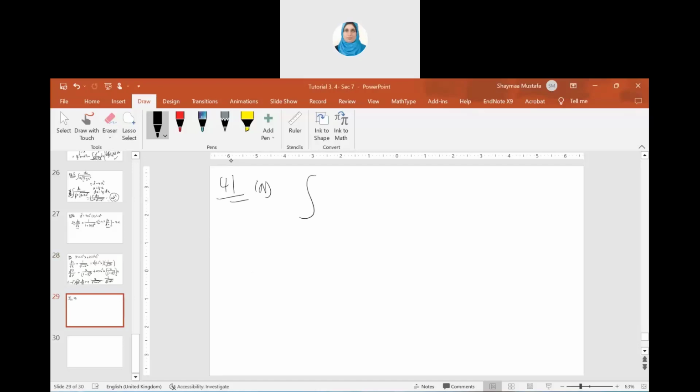41A, integral of 1 over the square root of a squared minus x squared. This one is equal to sine inverse, because you need to take a substitution like this.